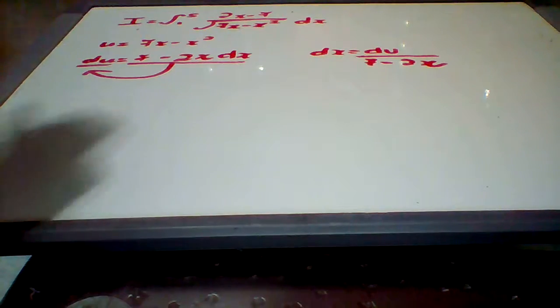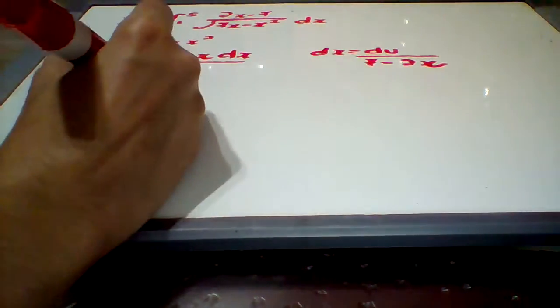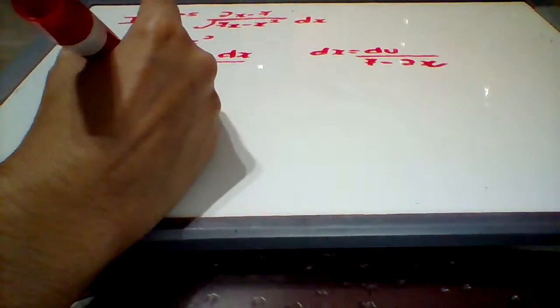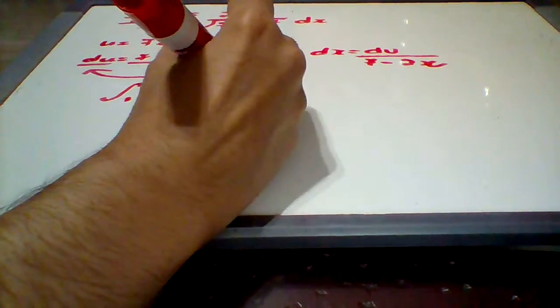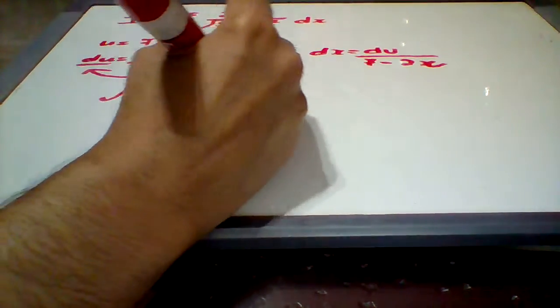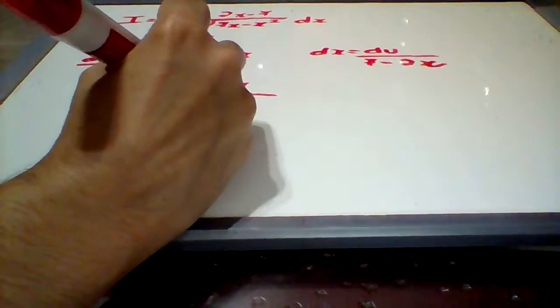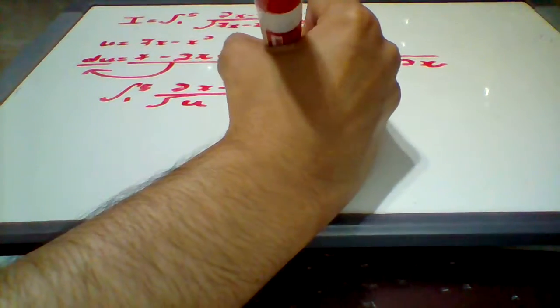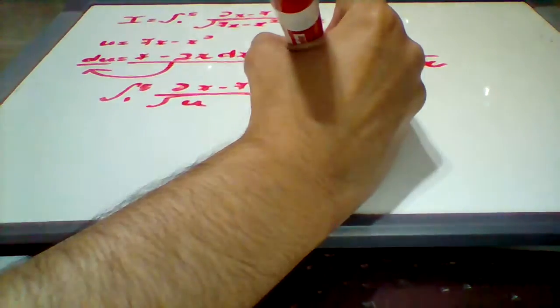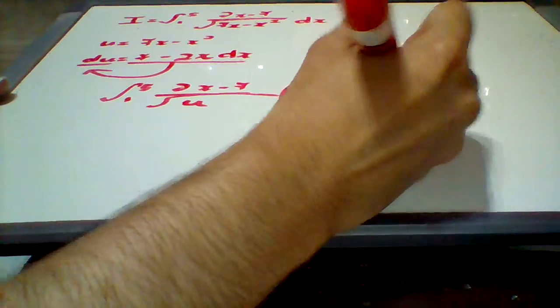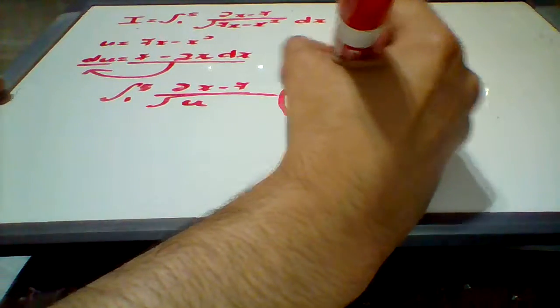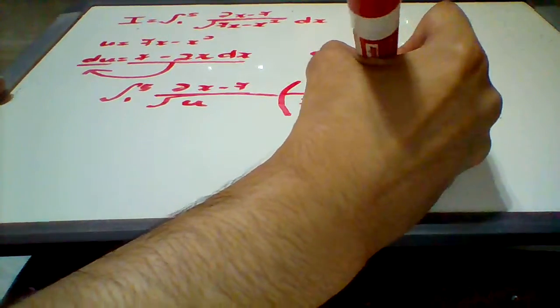So then you just substitute it back into the integral. So 2x minus 7 all over the square root of u now times dx, which is du all over 7 minus 2x.